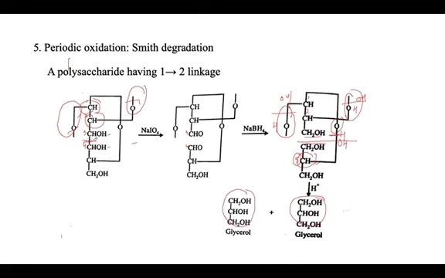If there was no cleavage in the carbon 3-4 bond, if there would be a cleavage between carbon 2 and 3, then we would have seen that the linkage may be between carbon 1 and carbon 4. So in this case we can clearly say that the two glycerol molecules have been generated, and the linkage is a 1-2 type of linkage which is present in the molecule.